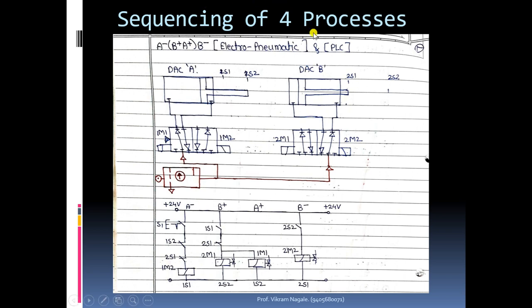In case of first cylinder the rod end will be at 1s2 position, so we have to utilize the feedback from that position also. So here this 1s2 is used, and you can see this is initially closed because the rod end is at 1s2 position.